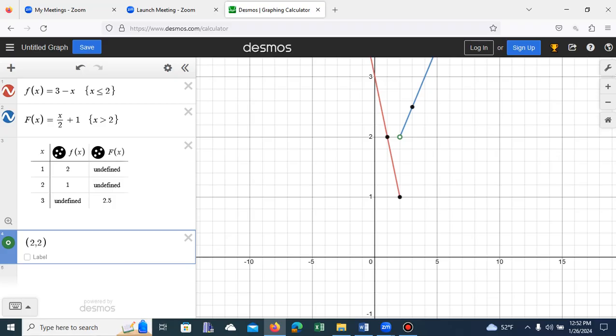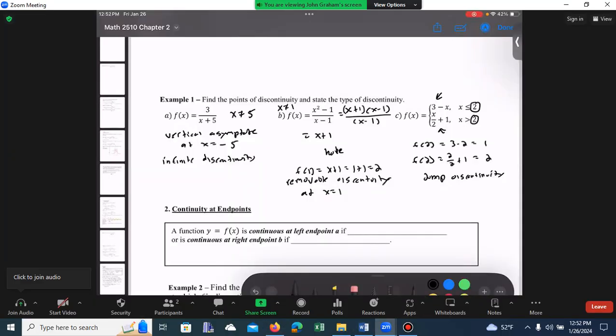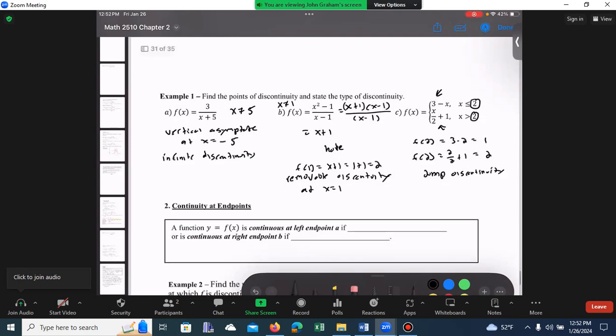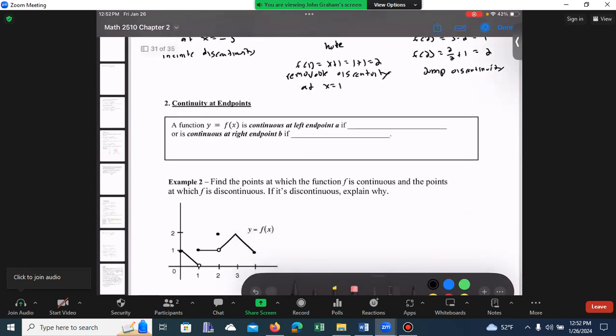All right. That leads us into talking about endpoints. Given a function y equals f of x, it's continuous at the left endpoint if f of x is continuous from the right.